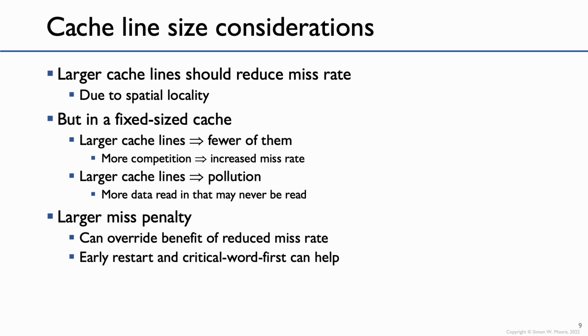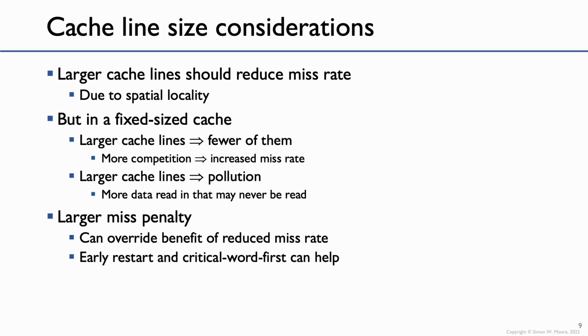Also, there could potentially be a larger miss penalty, so we can override the benefit of reducing the miss rate. The reason for the larger miss penalty is that every time we get a cache miss, we've actually got to fill the entire cache line, and that's just a lot more data to fetch.